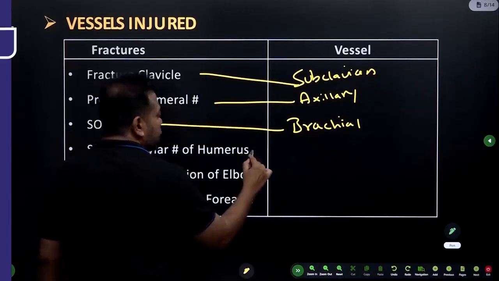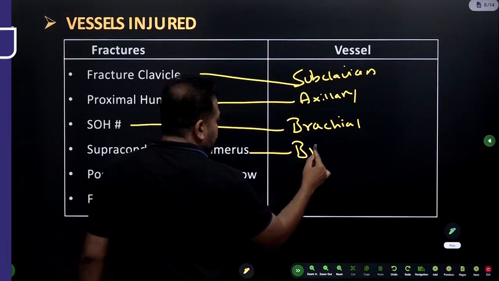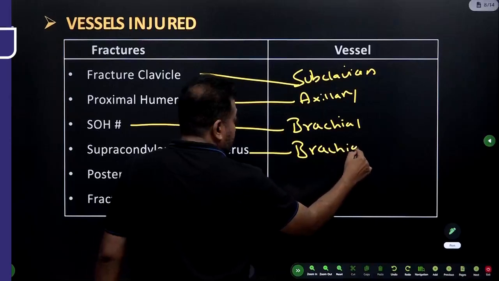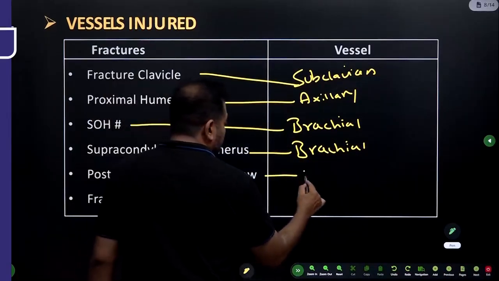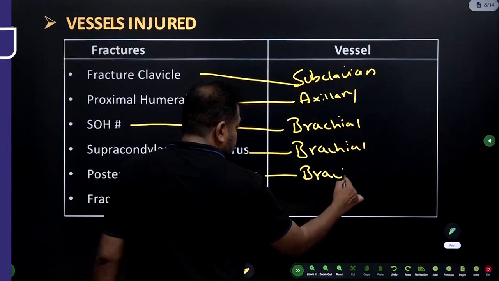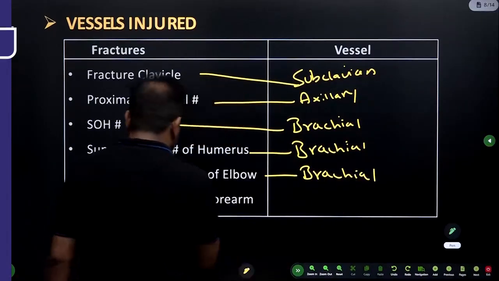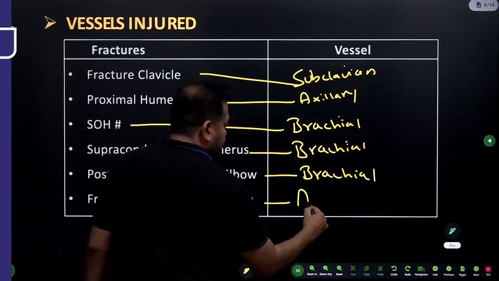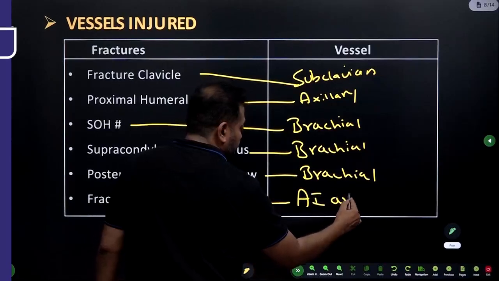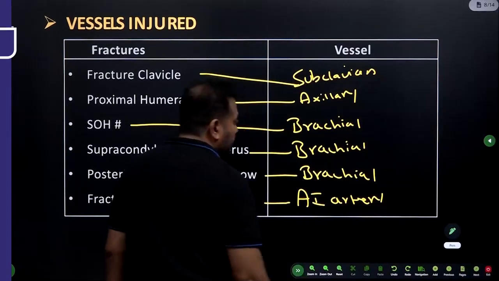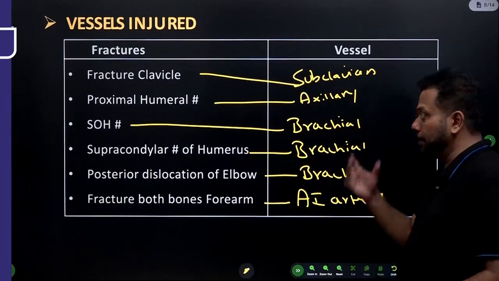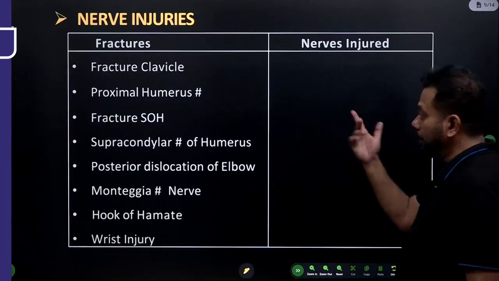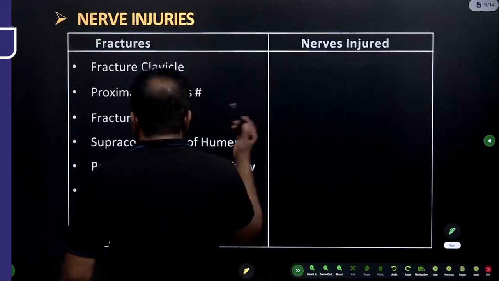In supracondylar fracture, again the brachial artery. These are all vessels, not nerves. Posterior dislocation of the elbow, again the brachial artery. Both bone forearm fracture, the anterior interosseous artery. So these are the common vessels damaged in upper limb trauma, and now the common nerves. This is a revision for us.